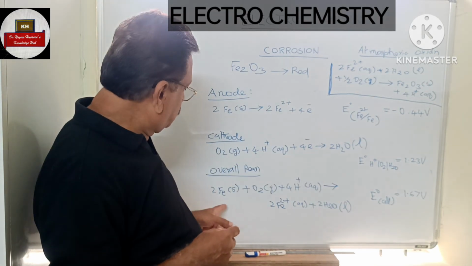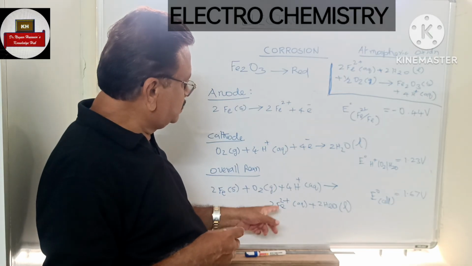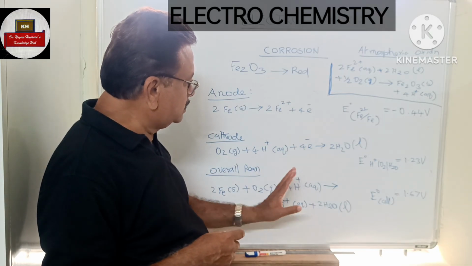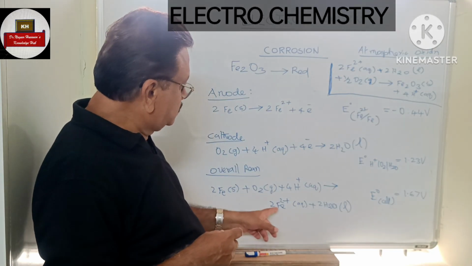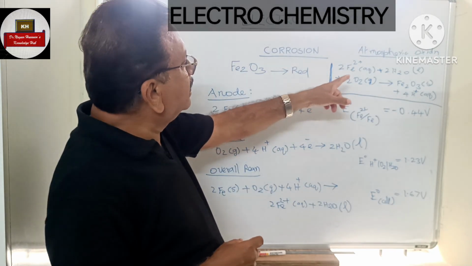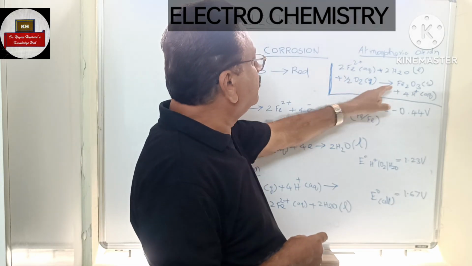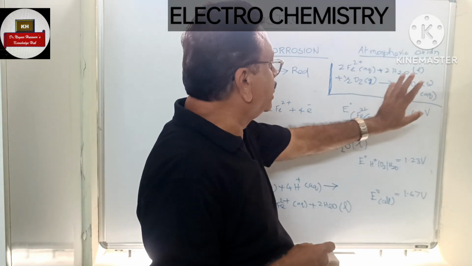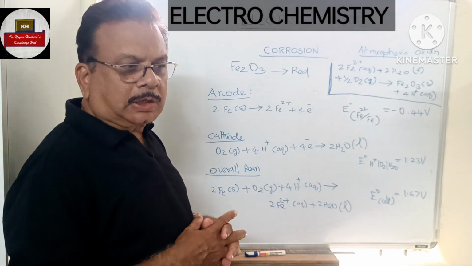This water and iron react in the presence of oxygen and give rise to Fe2 plus. So this is the overall reaction. This Fe2 plus is not stable, so it will again react with water and oxygen, take the required amount of oxygen and form Fe2O3. This is the final stable product, and this is responsible for corrosion.